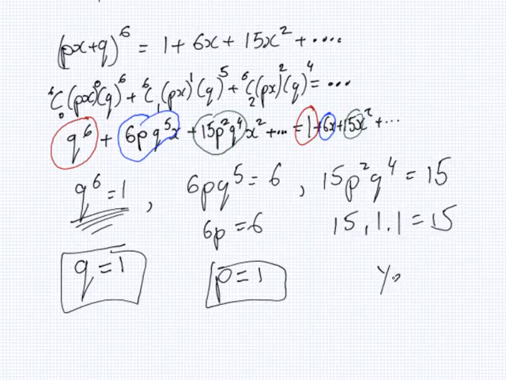Yes. So p and q are 1 and 1. Now the reason I said p and q are positive is because actually here you have a second answer. q could have been -1, and likewise that would make p -1 as well. So there's actually another answer here.